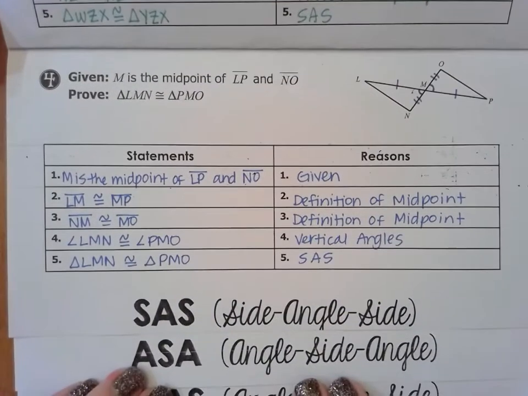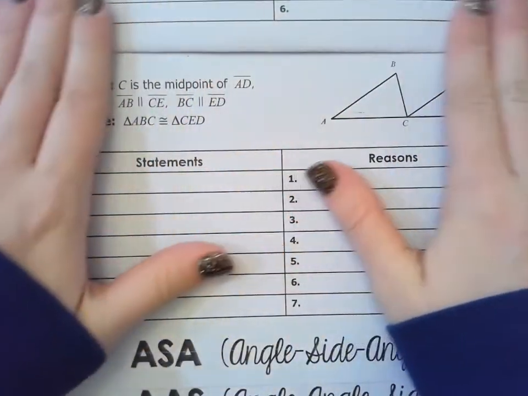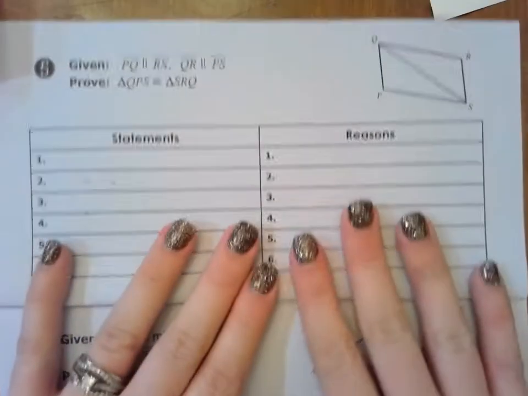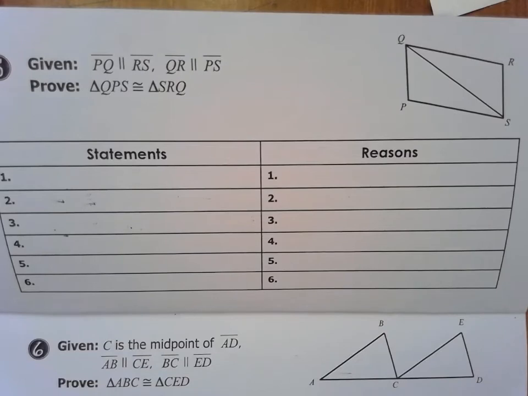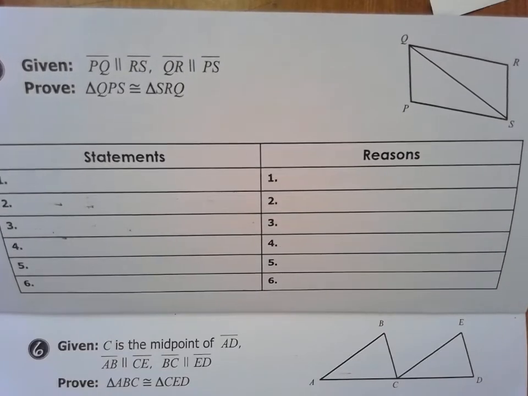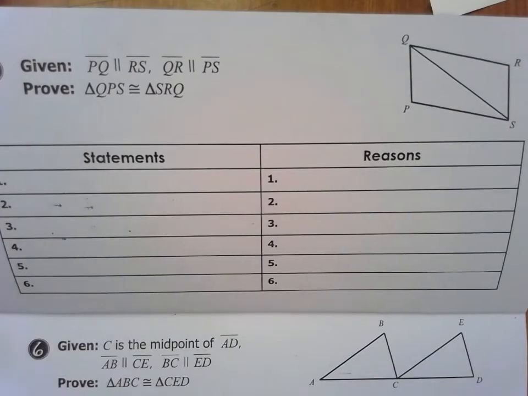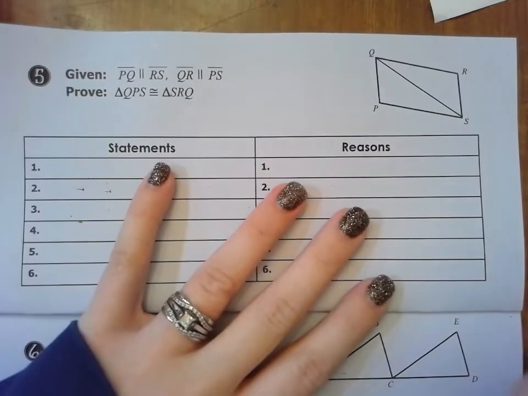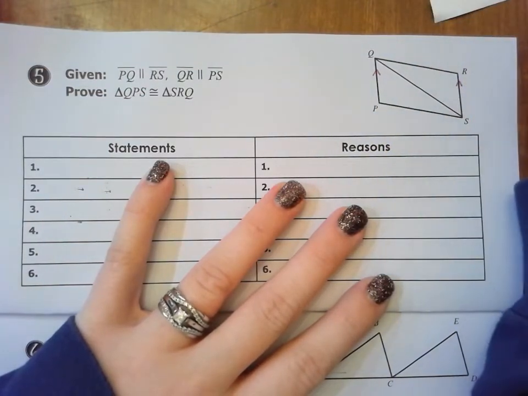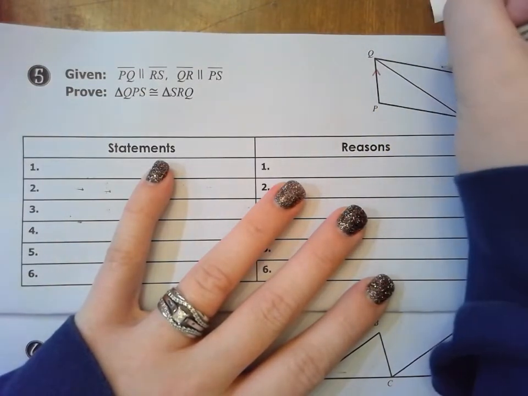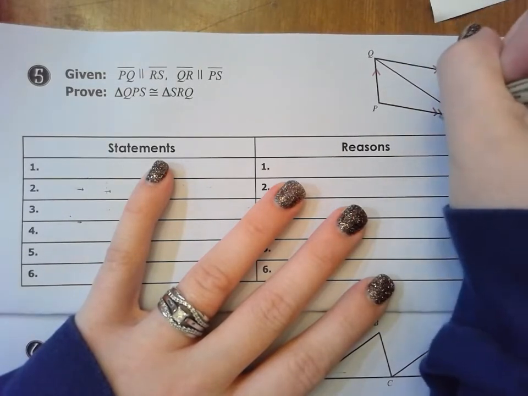Now we can do proofs for angle side angle. So we're going to use the angle side angle postulate to prove two triangles congruent. So for number 5, it's given that PQ is parallel to RS and QR is parallel to PS.